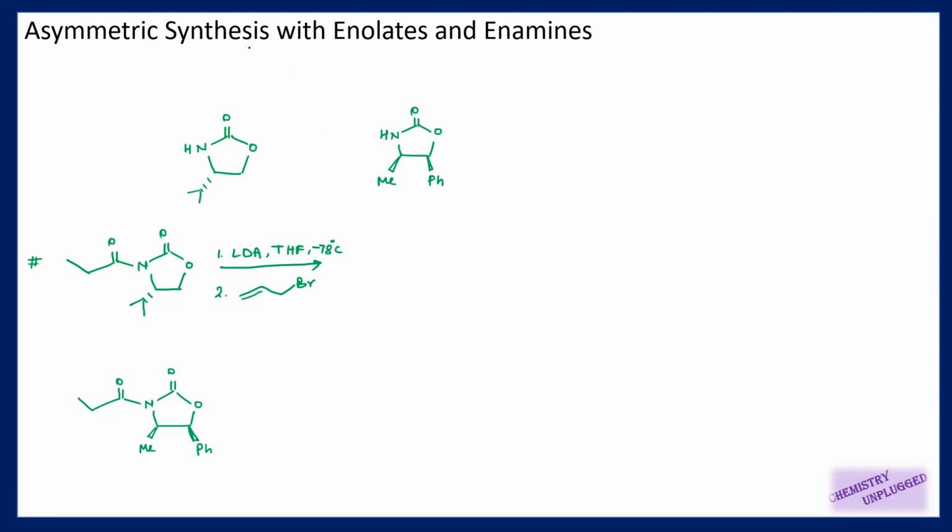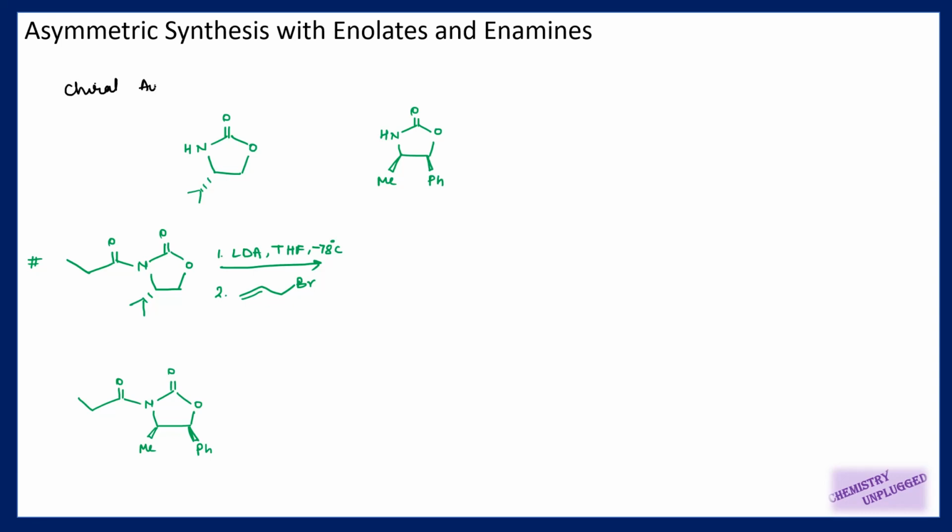So when we want to do asymmetric synthesis, we can use different things. We can use chiral pool, we can cause asymmetric induction using catalysts which are already asymmetric in nature, meaning they have some chiral centers already present in them, or we can use chiral auxiliary. So in this part we are talking about chiral auxiliary.